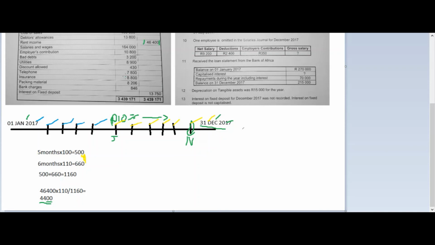Our prepaids we subtract because they are not related to the current financial year; they are adjustments or amounts for the next financial year. Which is 500. It is an accrued, and as an accrued, I'm simply going to add it to my respective rent income account.